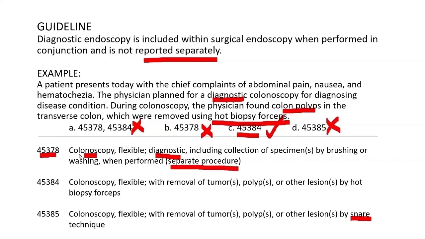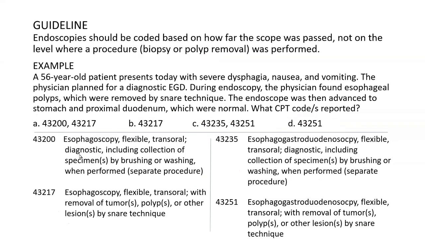Moving on to the next guideline, endoscopies should be coded based on how far the scope is passed and not on the basis of where a procedure is performed. To understand this guideline, let's take an example. A 56-year-old patient presents today with severe dysphagia, nausea, and vomiting.